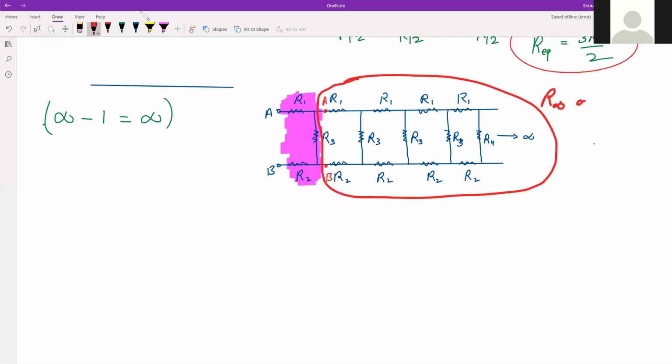This is the same, right? And how can this be simplified?